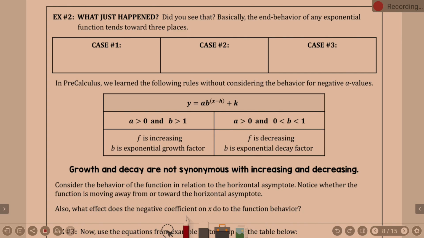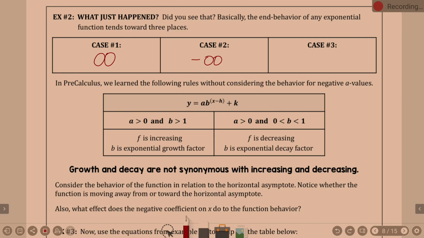What kind of answers did we have? We had infinity, we had negative infinity, and then the other one was it tended towards a number, and that number was the horizontal asymptote, if you will.